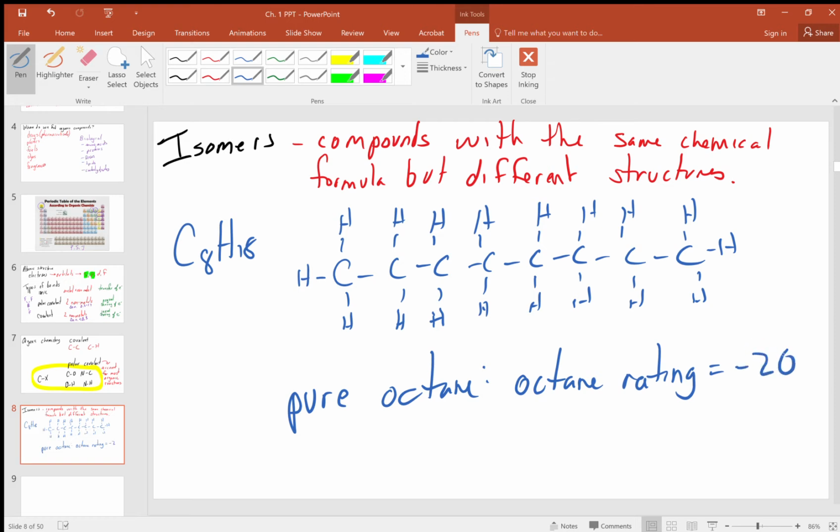Equal to -20. So even though we use this term octane rating, it turns out that octane itself is something you'd never want to put in your car.